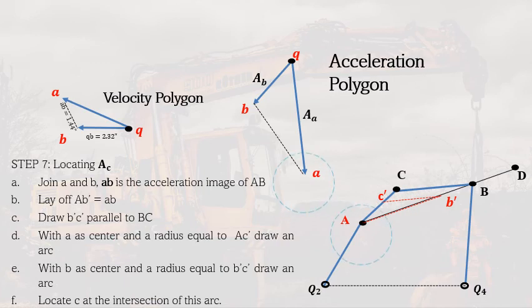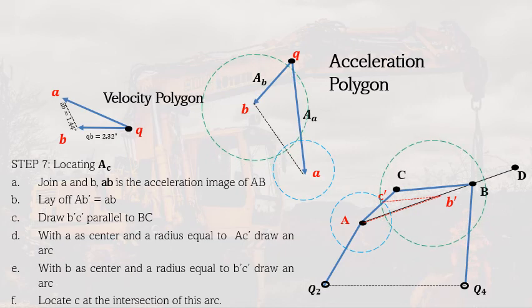So how do we do that? You can see here, this arc has a radius equal to AC prime. So we draw that arc. We draw that also in the acceleration polygon. They are the same circle. Same also with B. With B prime as the center, we draw with a radius of B prime C prime.